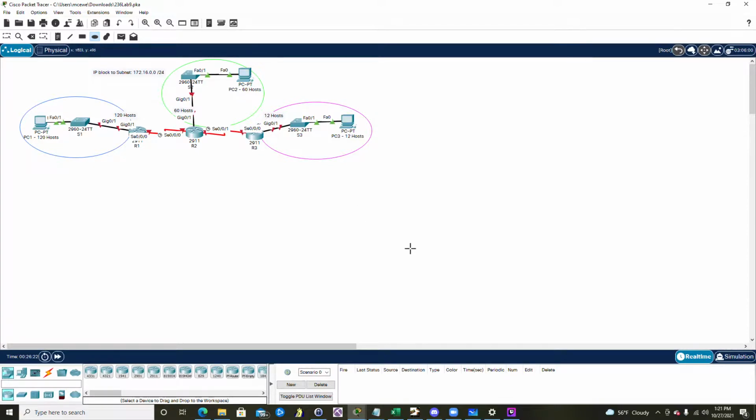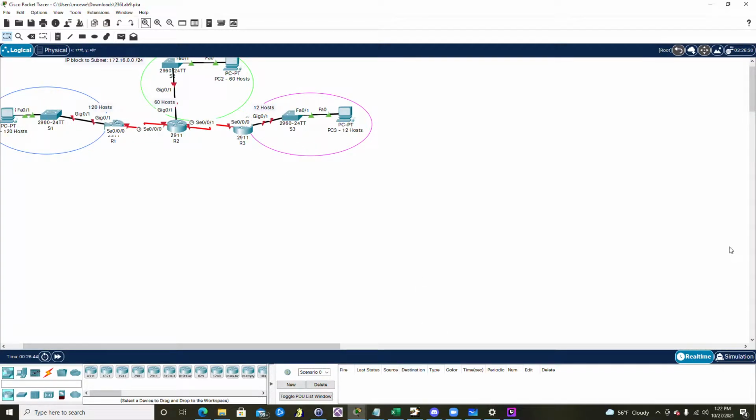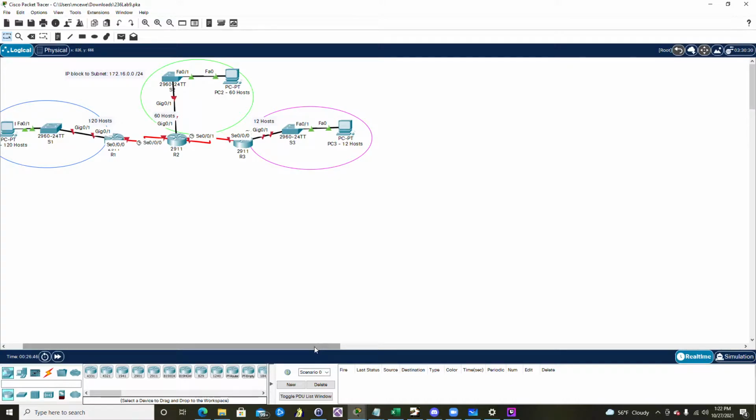This gets us into remembering my prior video, where I talked a little bit about how addressing works. What we have right now is an initial starting point of 172.16.0.0/24.